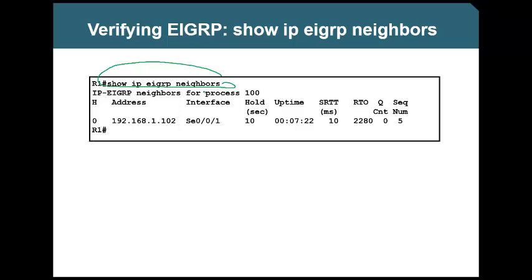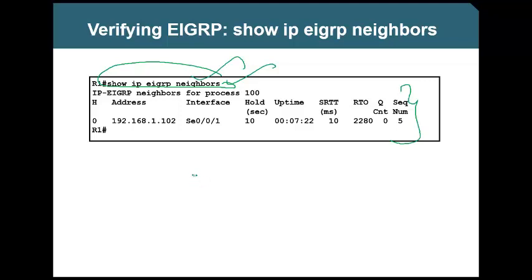Even for verification you have a modern command. In the new EIGRP verification command, the same output will come, but the show command will be different. Every router will support both the modern way and the classical way. I'll do it and show you.